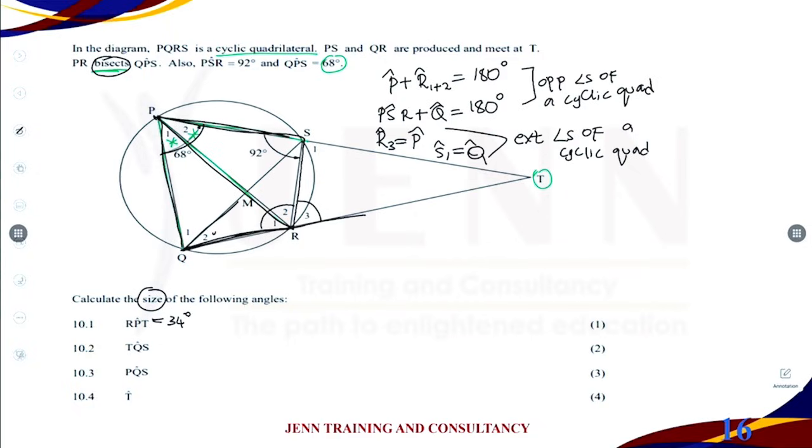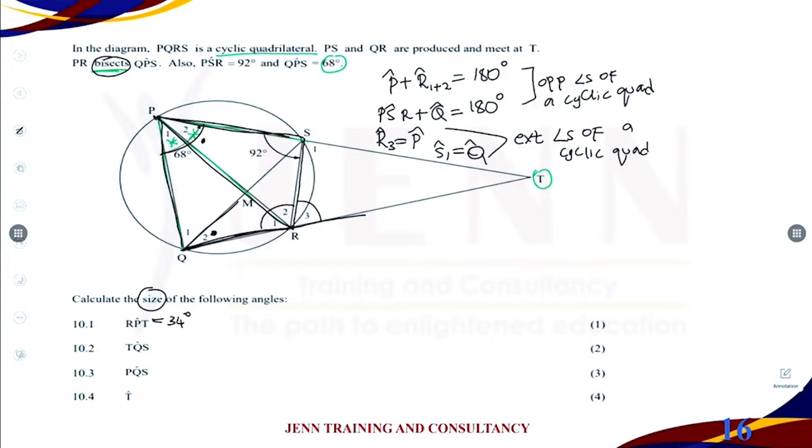Now, because you know SR, QR, QP, and PS are your chords, I can see that this angle, angle P2, will definitely be equal to angle Q2.